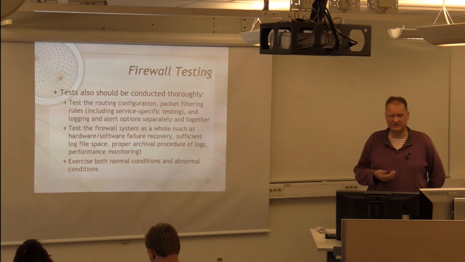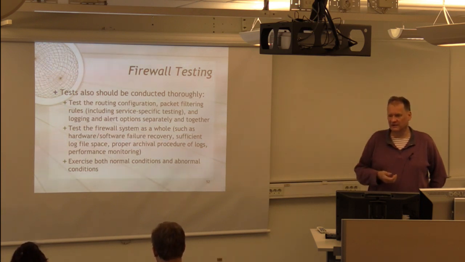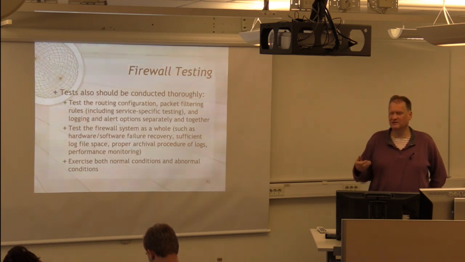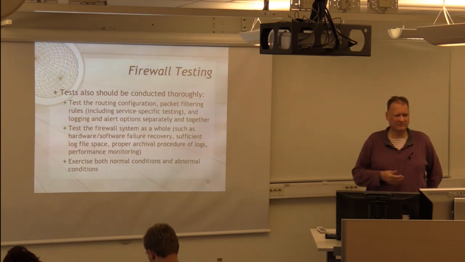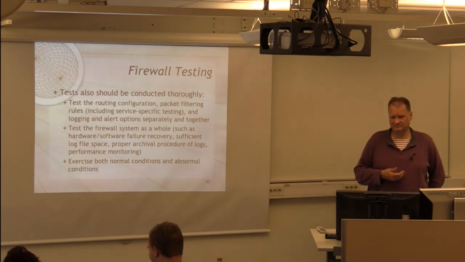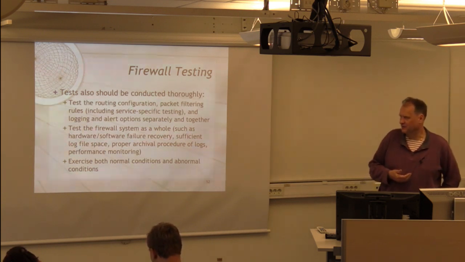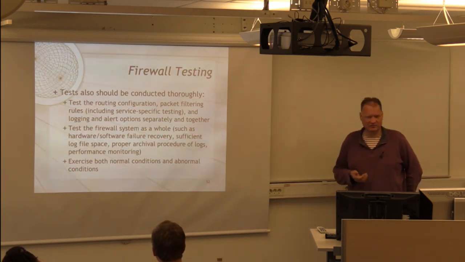But what happens with a firewall if we are under a denial of service attack and we're up to almost 100% capacity of a network? What happens then? Well, some firewalls will start to just let traffic bypass because they don't have time to handle it correctly. So you have to make sure that it works in all conditions.